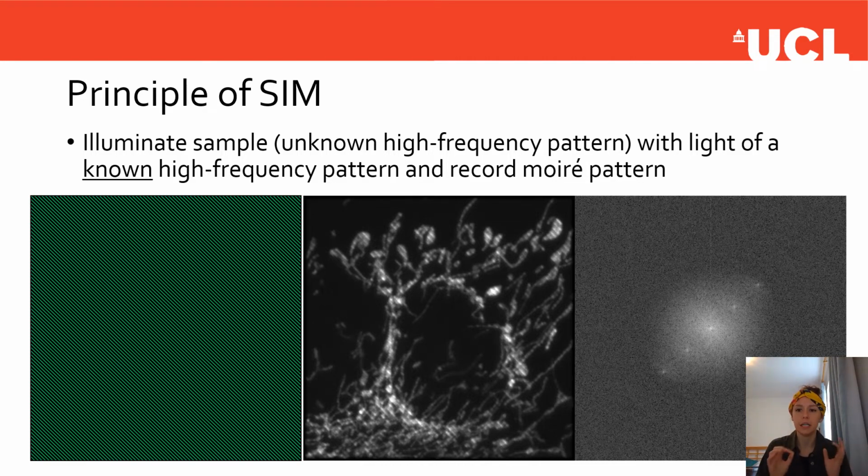And this contains information about both patterns on a kind of high frequency level. But importantly, remember, we're not detecting outside the resolution support of our microscope. So we've brought this moire pattern into our resolvable field, okay? And even though it's low frequency information, it contains information about the higher frequencies within our sample.